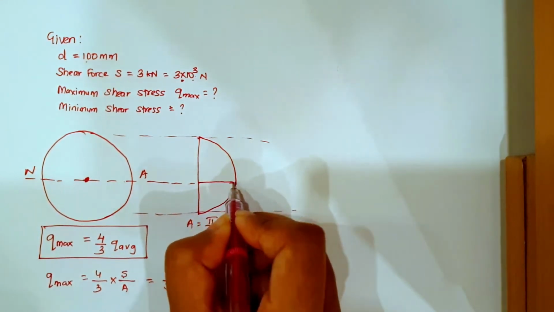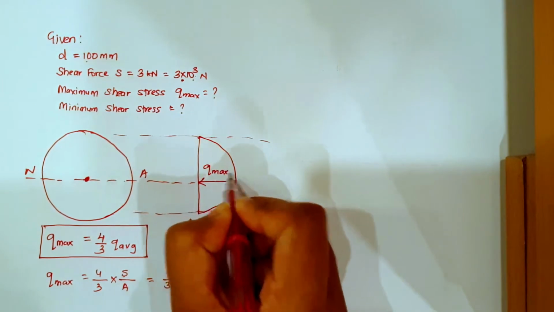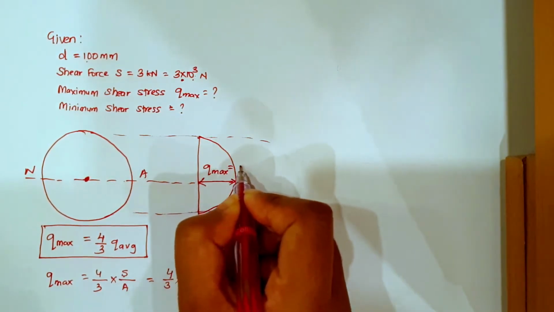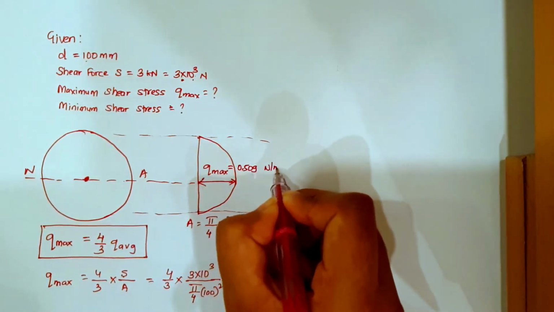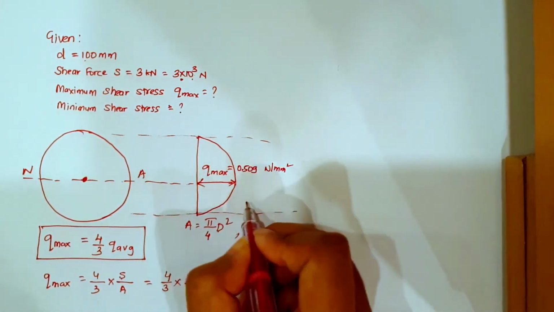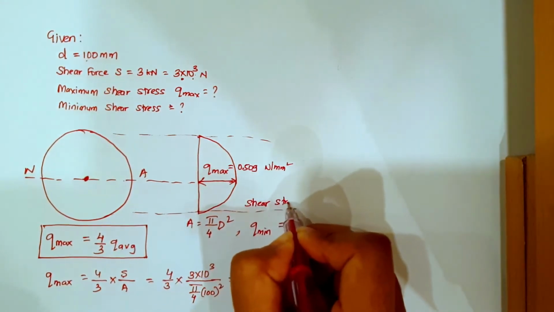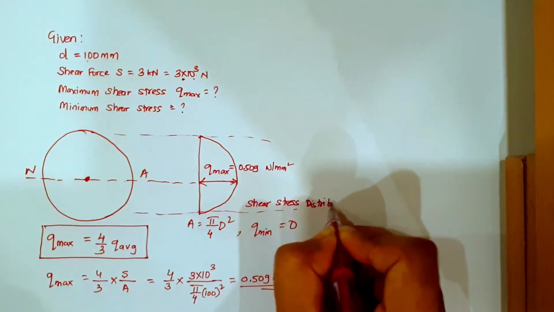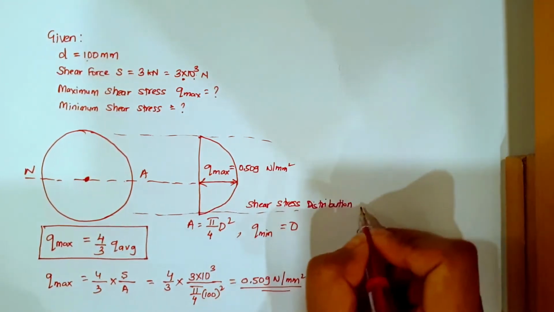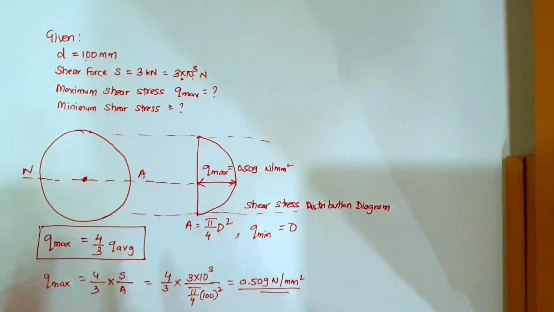So this is the place where you have maximum shear stress, Q max equal to 0.509 Newton per mm square. This is the shear stress distribution diagram for a circular section.